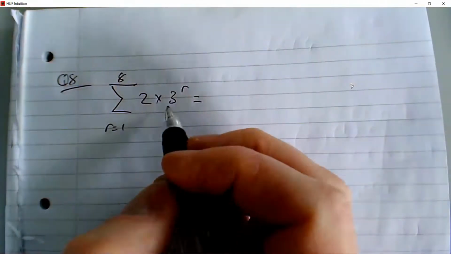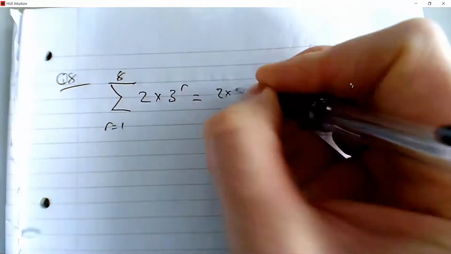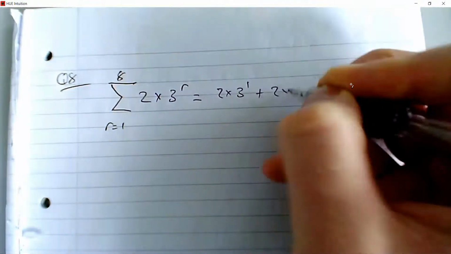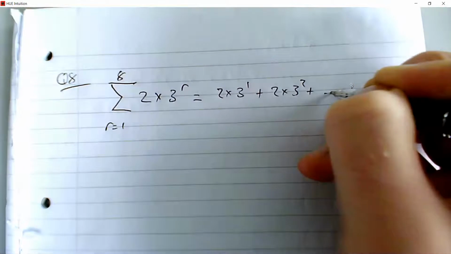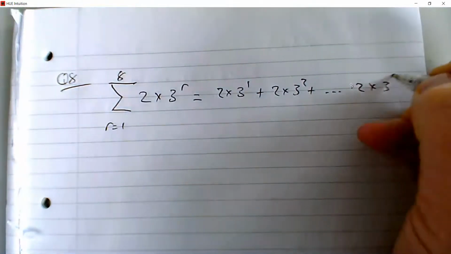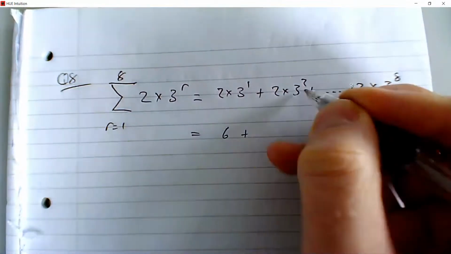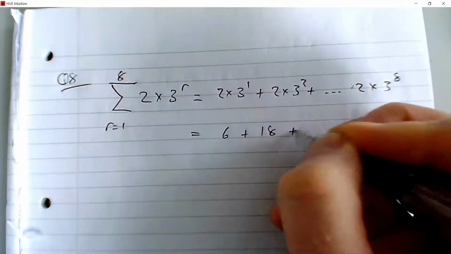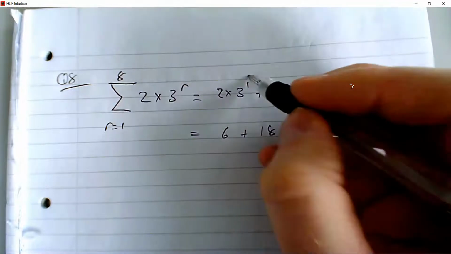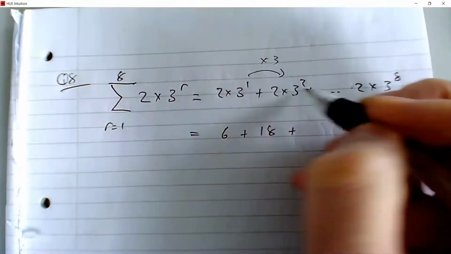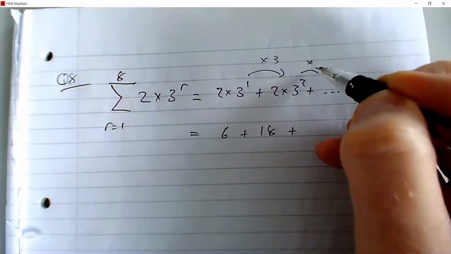So you're asked to evaluate this. The sum of 2 times 3 to the r for values of r between 1 and 8 is going to be 2 times 3 to the 1 plus 2 times 3 to the 2 plus and so on up to 2 times 3 to the 8. What you're going to get here is 2 times 3, that's 6, plus 2 times 9 is 18, plus 2 times 3 cubed. You're multiplying by 3 with each step, aren't you? You're increasing the power by 1.